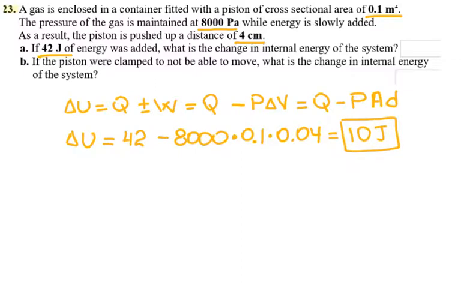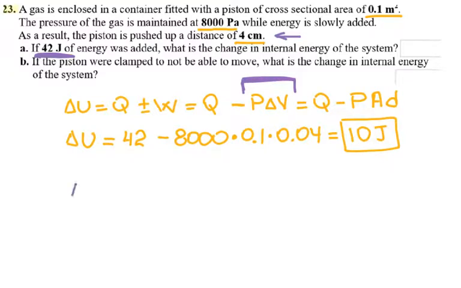And then if the piston were clamped not to be able to move, what is the change in internal energy of the system? So if the piston cannot move and energy is added into the system, so 42 joules of energy is added into the system, but the piston cannot move, then the work done by the piston on the surroundings is going to be gone.